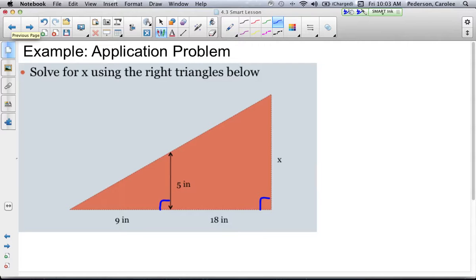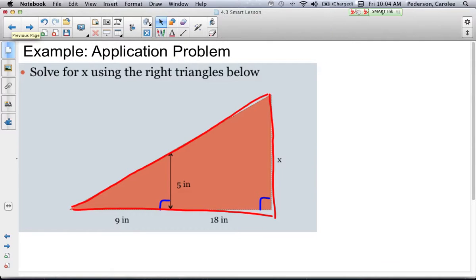I'm going to draw the big triangle first. That's the big orange triangle we have here. And then where's the other triangle? Yep, inside it. Similar triangles, they share the same angle measure here.